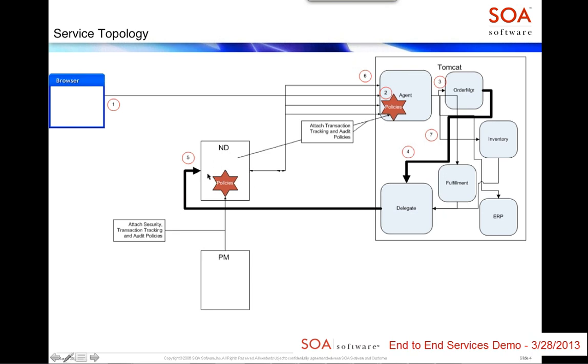The thing about the network director, and why it's not an either-or situation between your network director and an agent, is that the network director looks after policies that make sense off the box. That is, things like failover routing and content-based routing, anything to do with routing, basically, whether you want to route to a different server for different reasons.